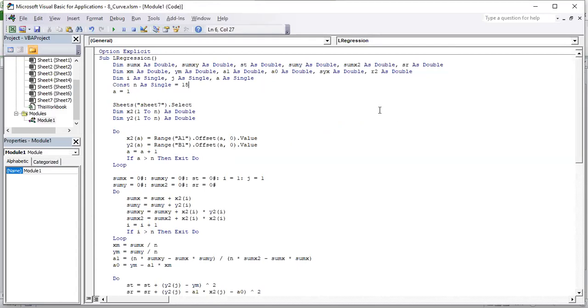Okay, so that's the end of the class for least-squares regression. In the next class, we are going to go into interpolation. So interpolation is where you are trying to predict based on the curve you've fitted through the data.